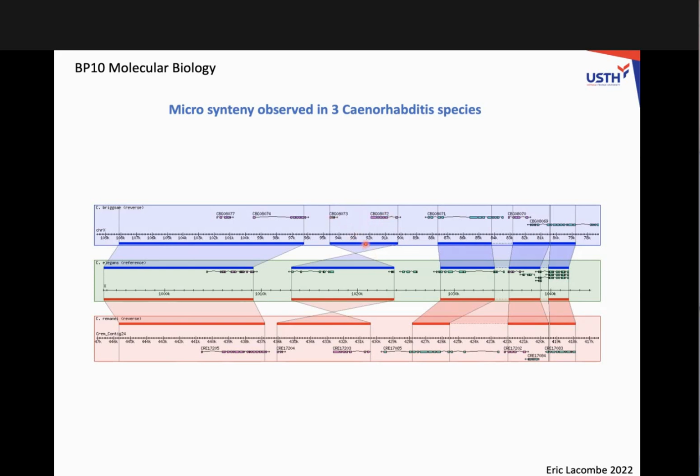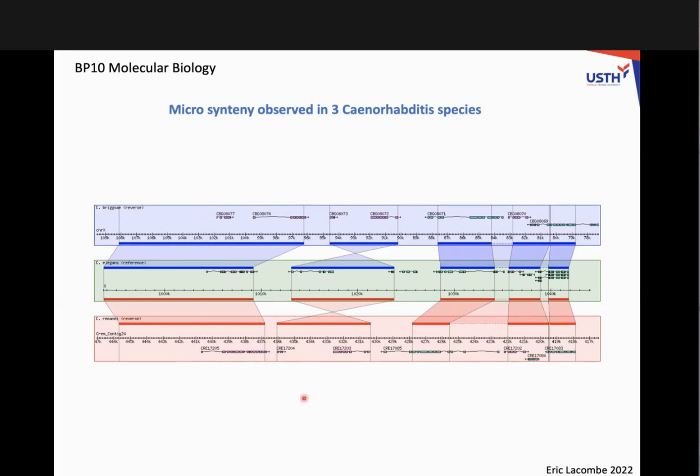So what does it mean? It means that the global information contained in these regions between these two species is the same, but the structure of the information is a little bit different. On the left part, there is a very, very conserved synteny because there is collinearity between the sequences of the three species, even with a small deletion.